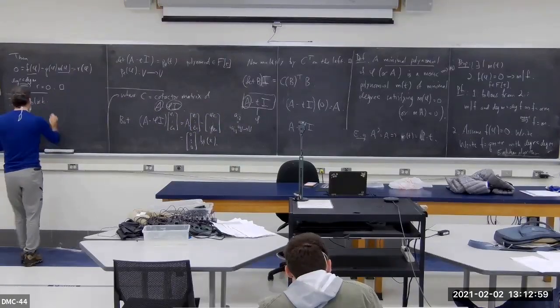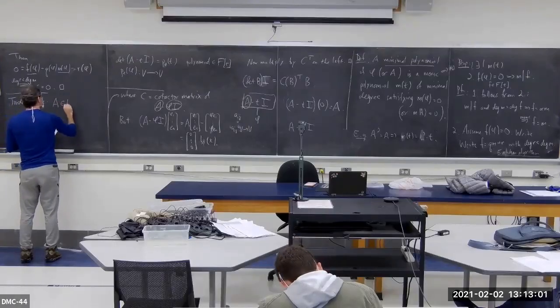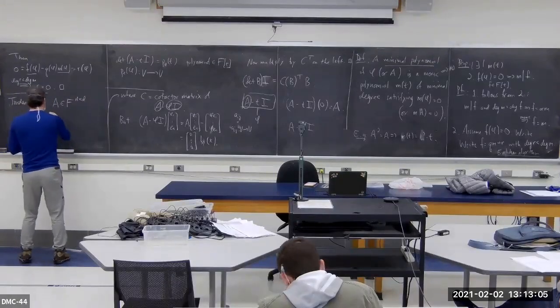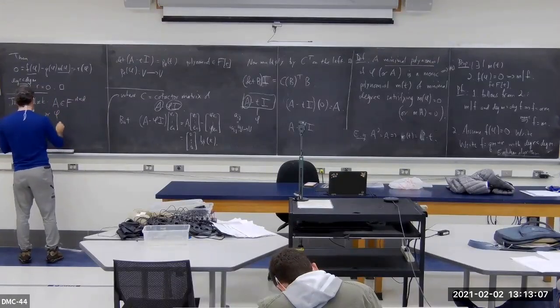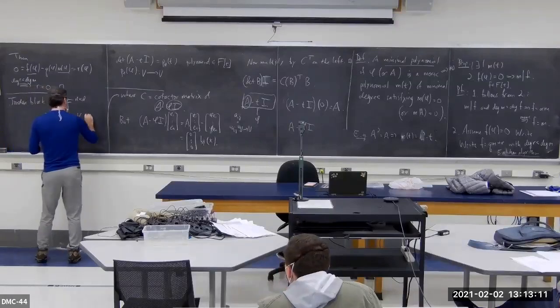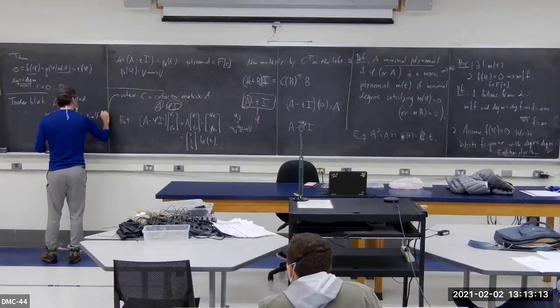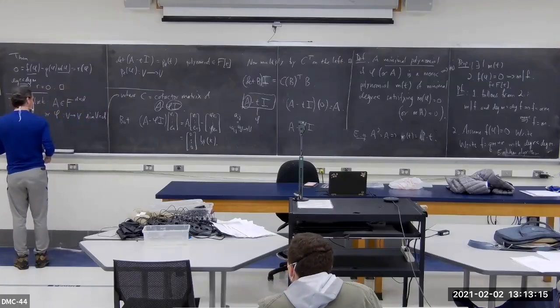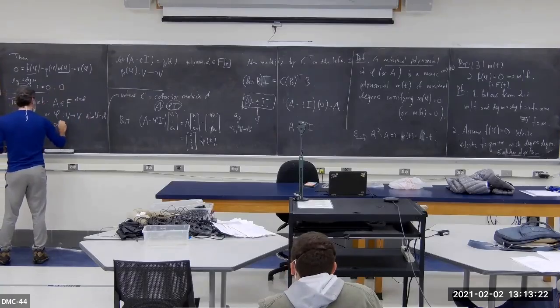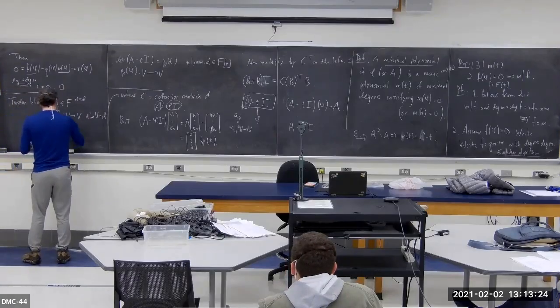I've got a Jordan block, which is going to be a d by d matrix, or if you like, phi maps v to v, with the dimension of v being d, and whose minimal polynomial is t minus lambda.